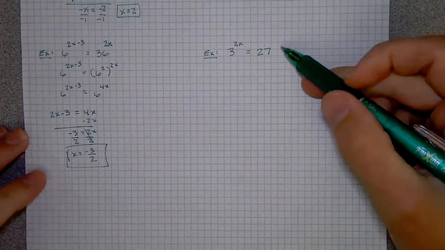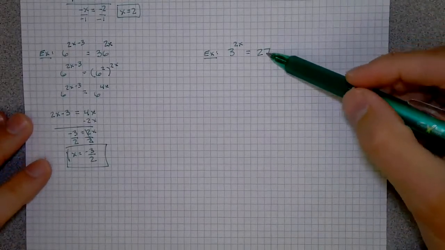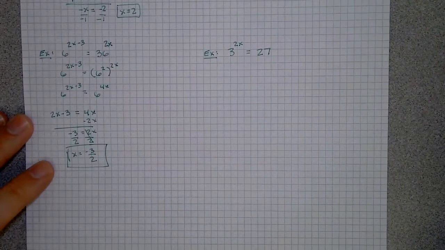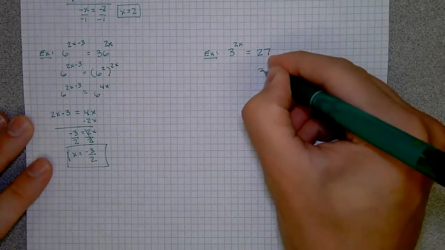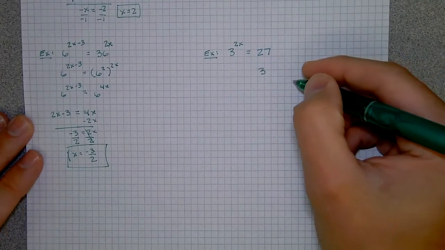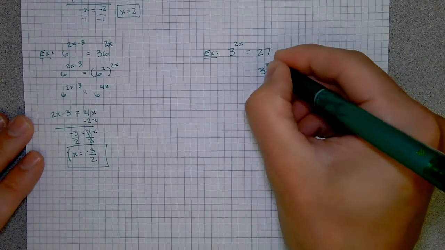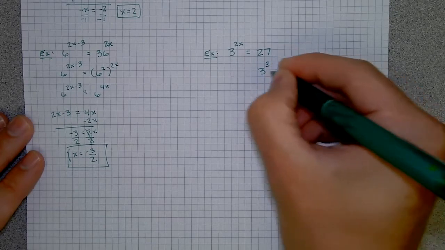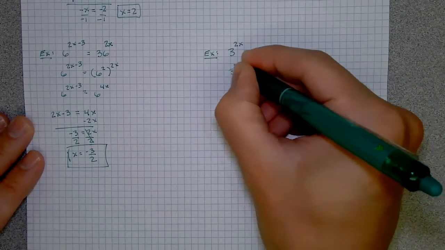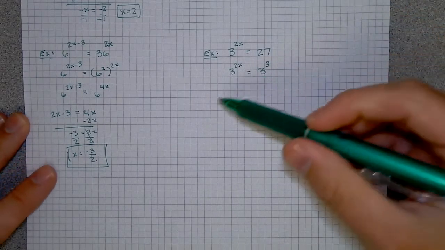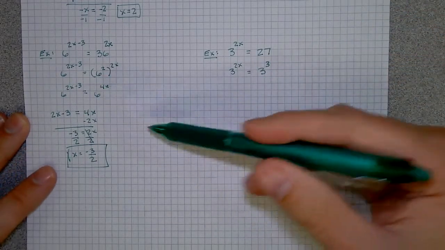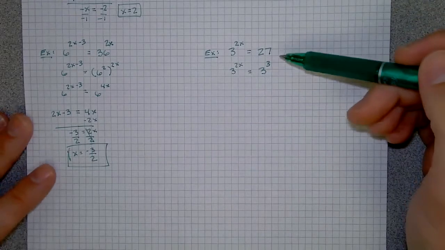All right, second one a little bit different. We have a big number here, or smaller base here. Can we rewrite 27 as a base of 3? Yeah, it's 3 to the 3rd. For the most part, we've only been doing squares. It could also be asked to do cubes.